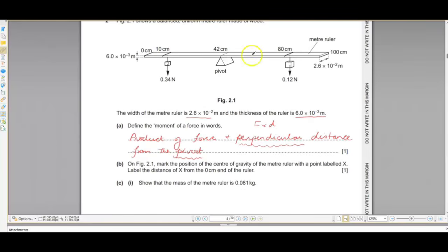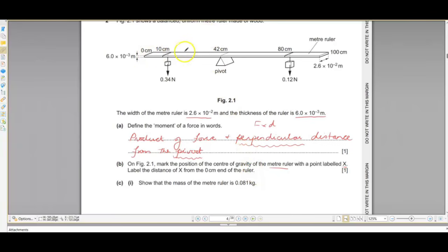Okay. B part states that on figure 2.1, mark the position of the center of gravity of the meter ruler with a point labeled x. Label the distance of x from the 0 centimeter end of the ruler. Okay.